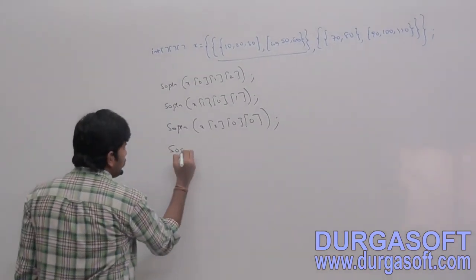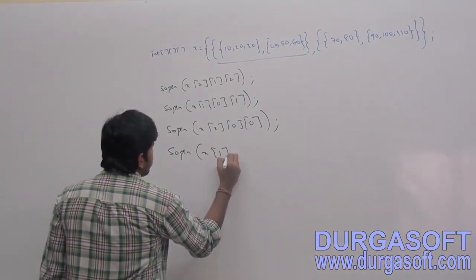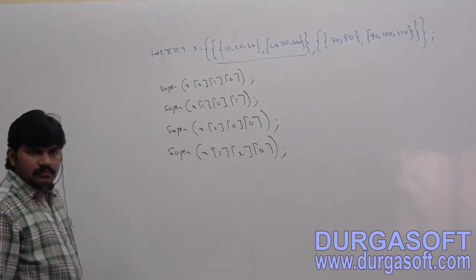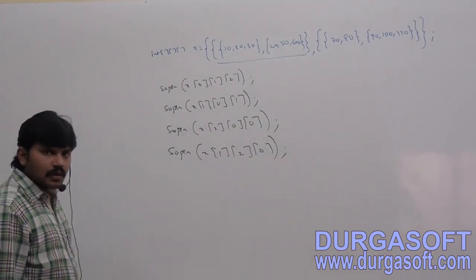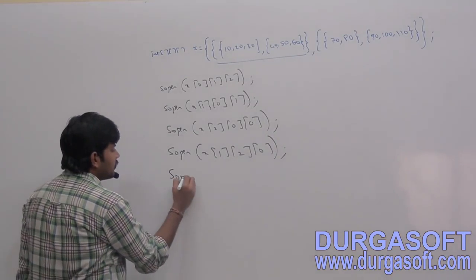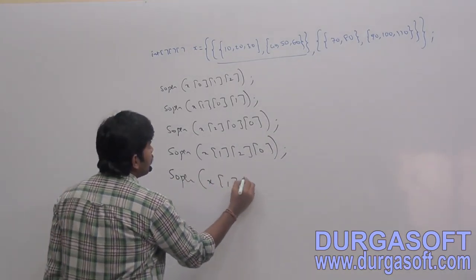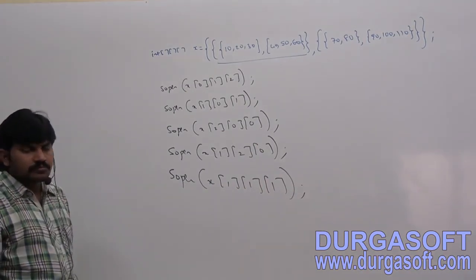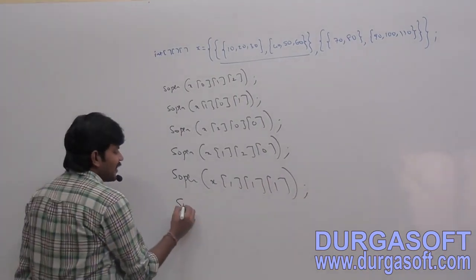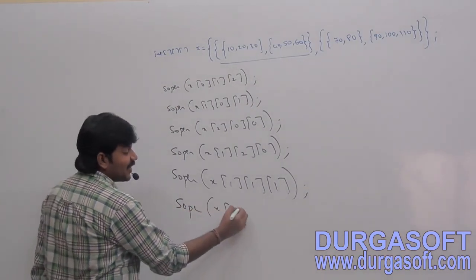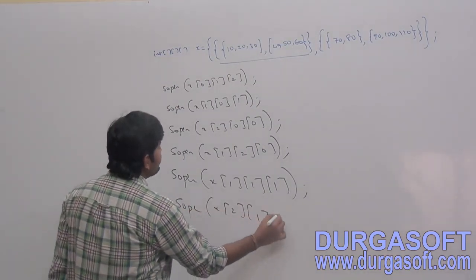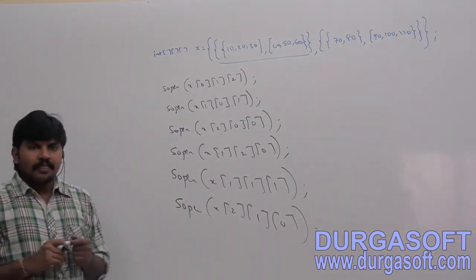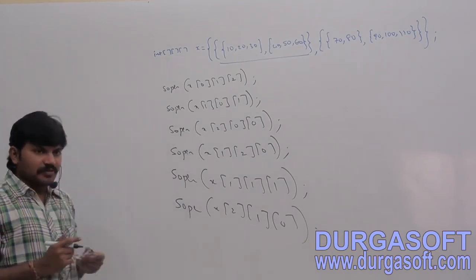SOP of x of 1, 2, 0. What is the answer? SOP of x of 1, 1, 1. SOP of x of 2, 2, 1, 0. Maybe there is a chance to ask this type of question.